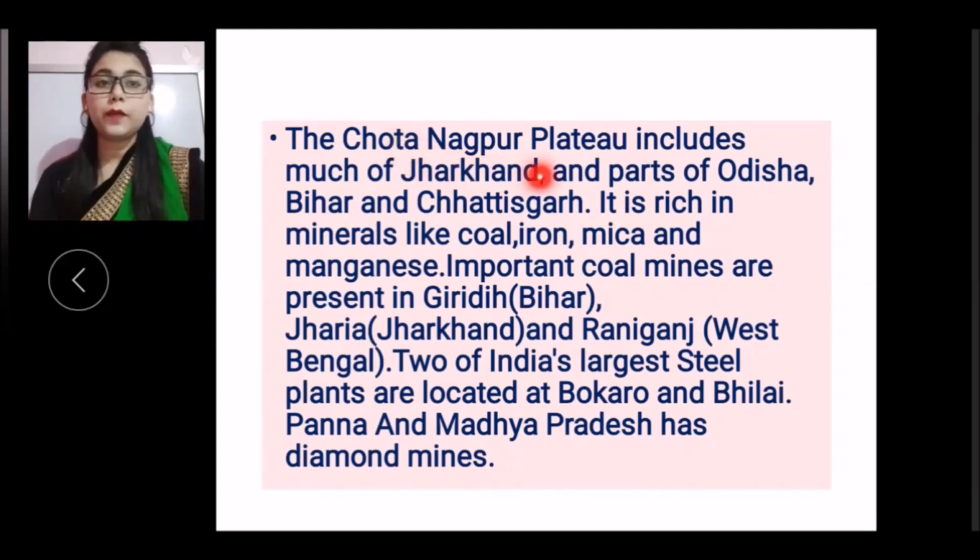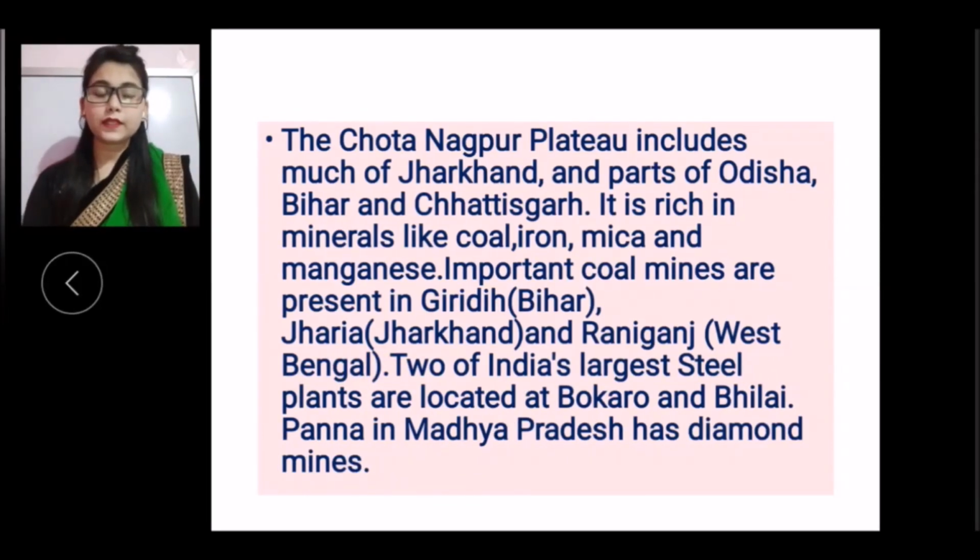So Chota Nagpur plateau includes much of Jharkhand and parts of Odisha, Bihar and Chhattisgarh, and it is rich in minerals like coal, iron, mica and manganese. Important coal mines are present in Giridih, Bihar, Jharia, Jharkhand and Raniganj, West Bengal.